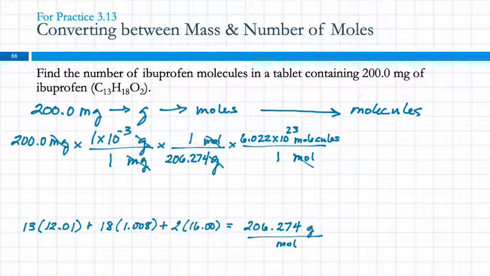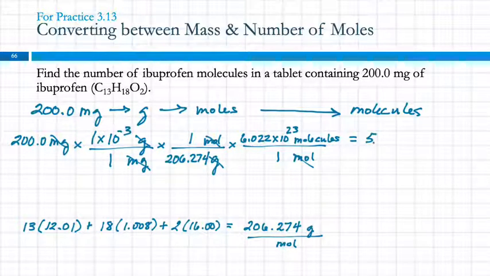So I've got 200 times 1 EE minus 3 divided by 206.274 times 6.022 EE 23. Now, how many sig figs should my answer have? 4, because this one's got 4 and this one's got 4. This is exact. This one, it's at least 4.